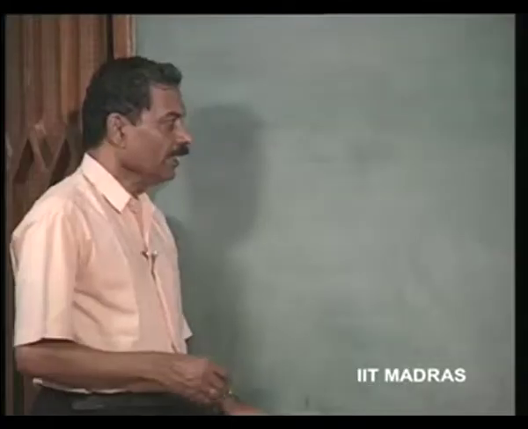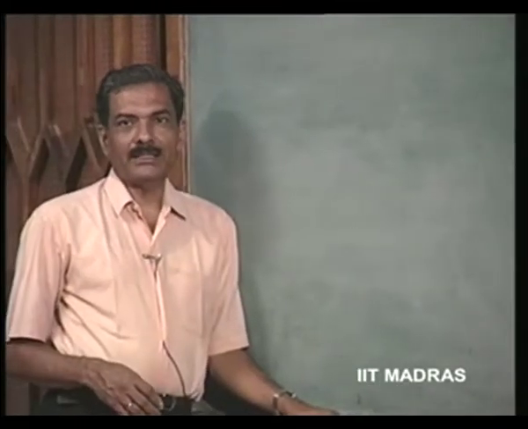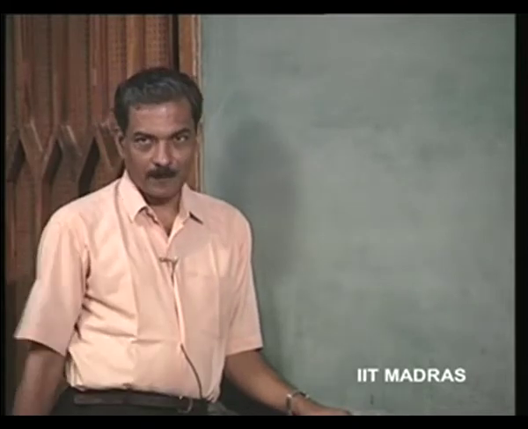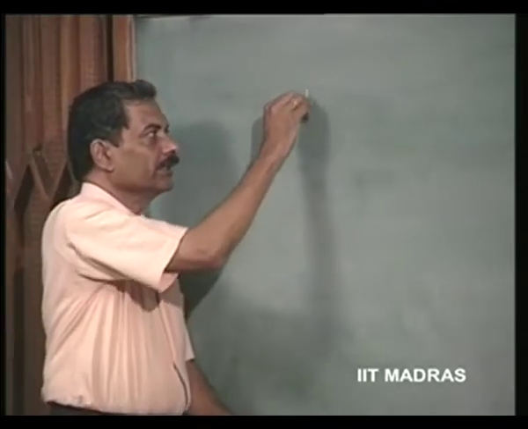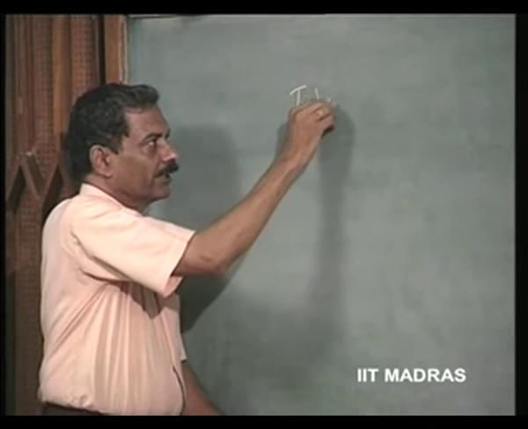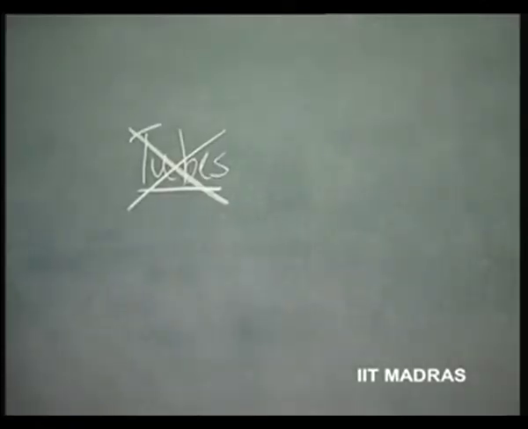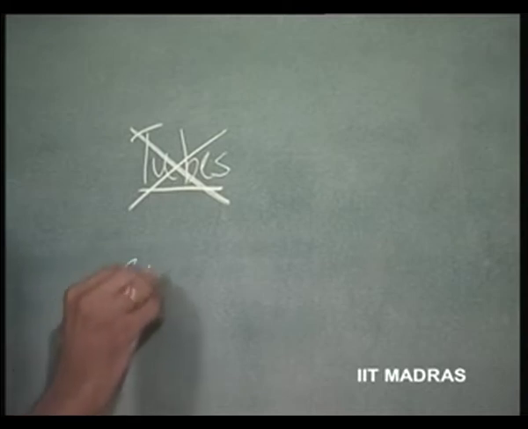So, we will now consider the basic elements which can be used for this purpose. The elements that were being used were tubes earlier, electron tubes. These are all replaced now by semiconductor devices.